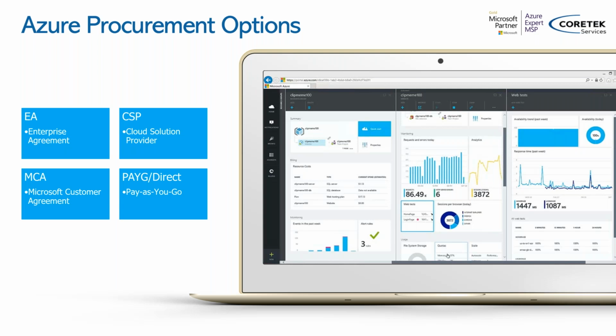So typically I recommend you don't do that from any sort of organization perspective. I would say at least go with CSP or MCA if you can't qualify for an EA. That one is usually only by credit card as well. So we'll really be talking about the first top two, the EA and the CSP, today. Those are the two most popular ones.